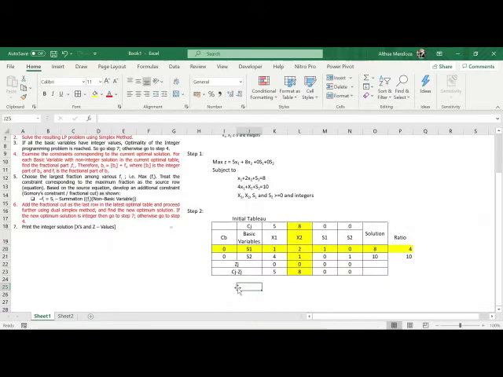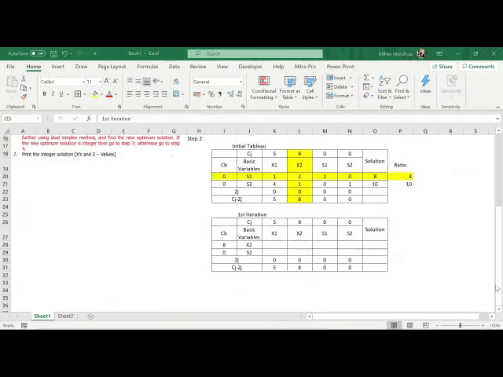Okay, next, let's set up our second tableau. Here is our second tableau, first iteration. We leave it blank at first, as you recall from the simplex method. This is our pivot element. Our goal is to make it 1, so the formula for row 1 would be divided by 2.